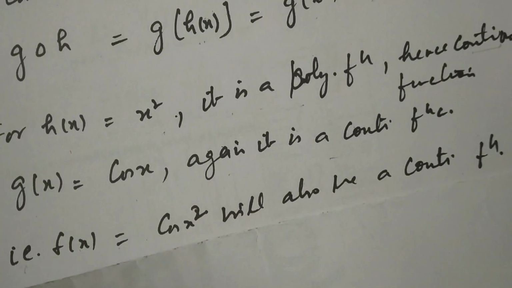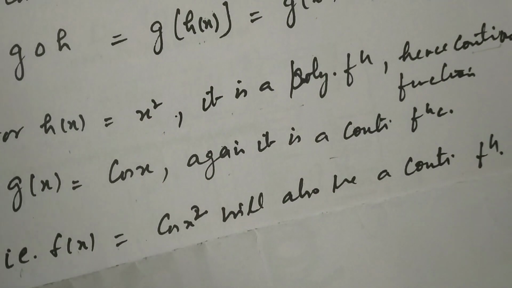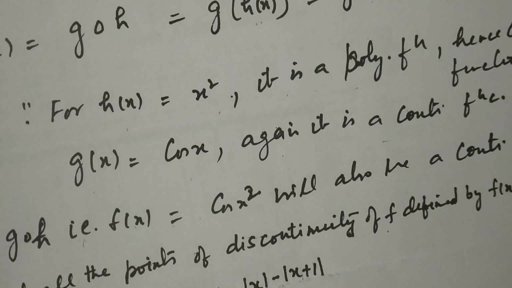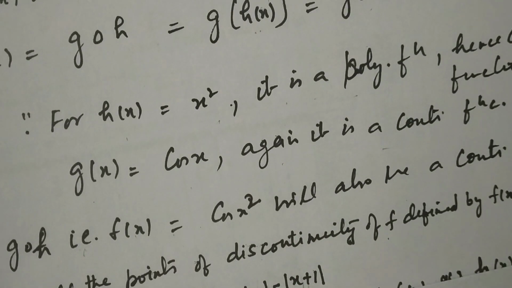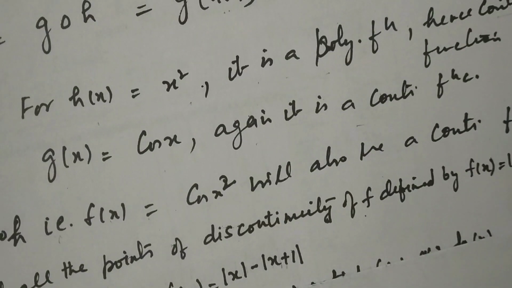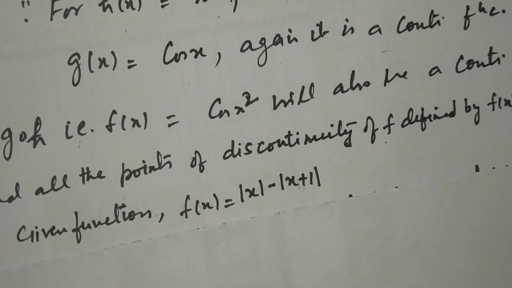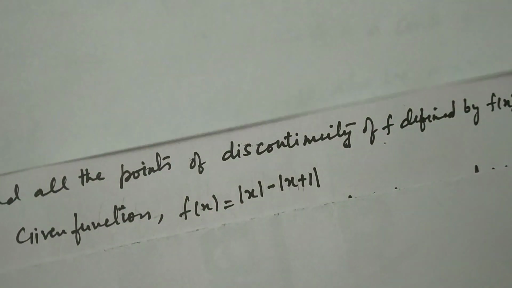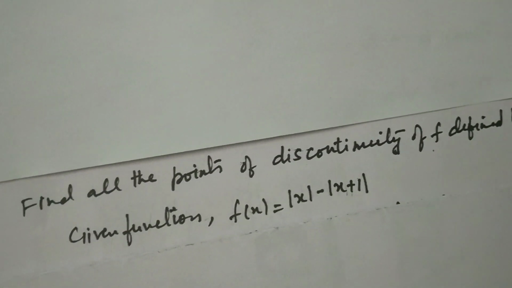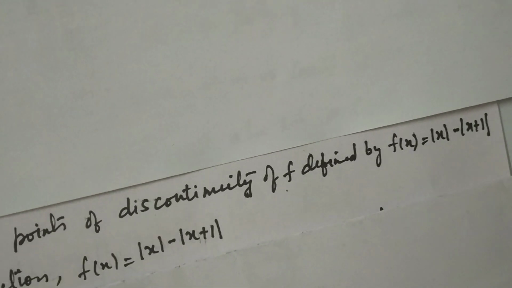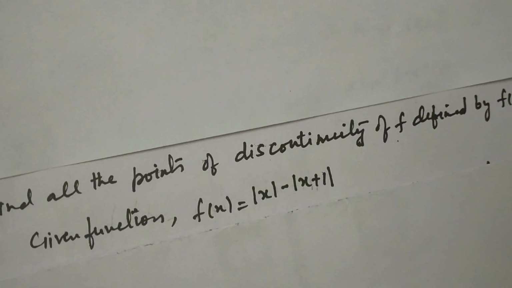Now the very important question I would like to take is question number 34. Again it is based on the combination of two functions, and this question says: find all the points of discontinuity of f defined by f(x) equal to mod x minus mod of x plus 1.